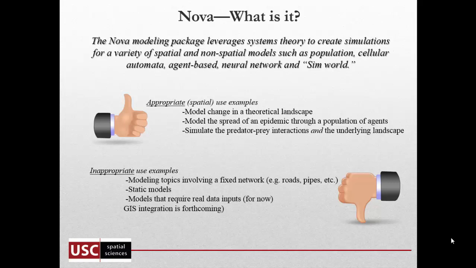And if you're familiar, you can even do neural networks, which is far beyond what we will talk about here in this lesson. What you can't do is model things like fixed networks or static models like a DEM. And for now, we can't import real data, but there's GIS integration coming soon, and so look out for that. So let's take a look at NOVA itself.